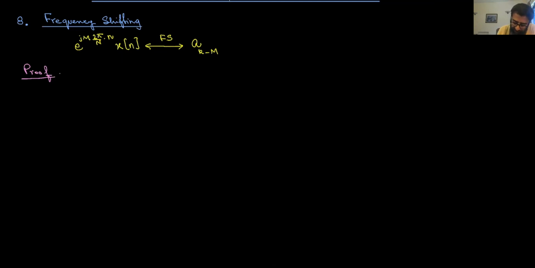Let's say the Fourier series coefficients of this signal are b sub k, and we're required to find b sub k.